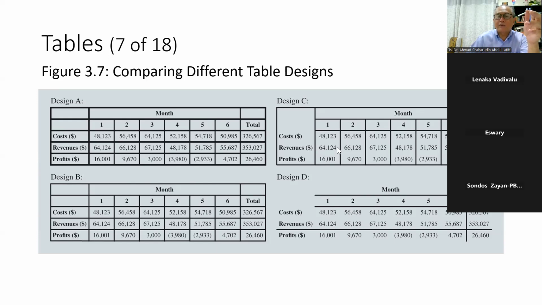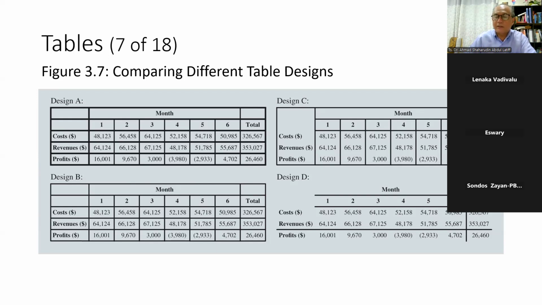It's the same thing. Instead of being cluttered with too many lines, as in design A or design B, where you cannot even distinguish the total cost. So you compare different table designs, and table design D is much more informative to look into revenue and cost, and then you have profit, which is derived from the calculation of revenue minus cost.